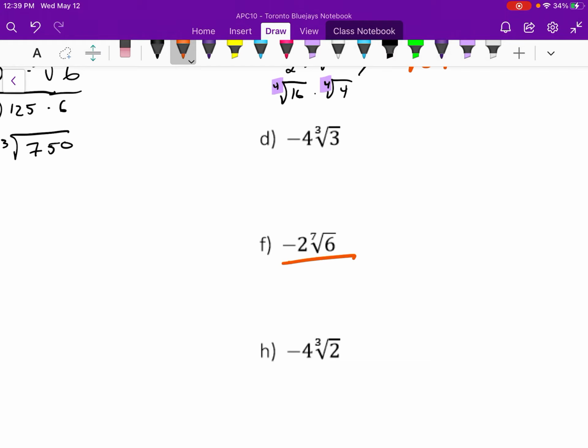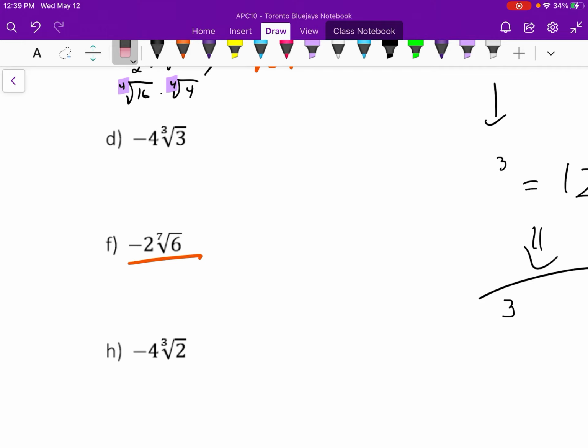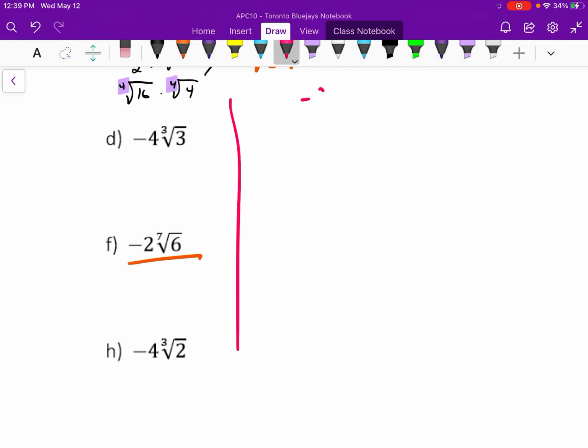Now, F. If you can do F, and if you understand F, you can understand every radical. So really, what do I know? I'm going to write this as negative 2 times, that's how I have to think of it.